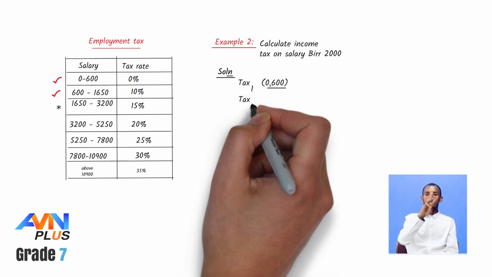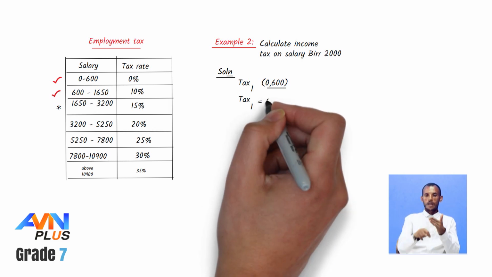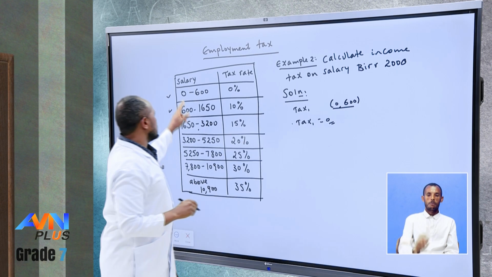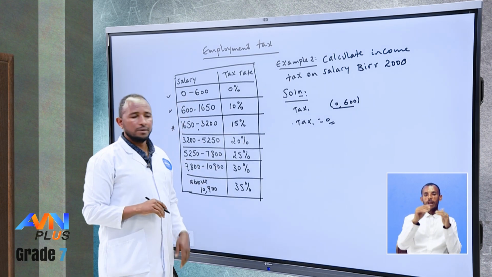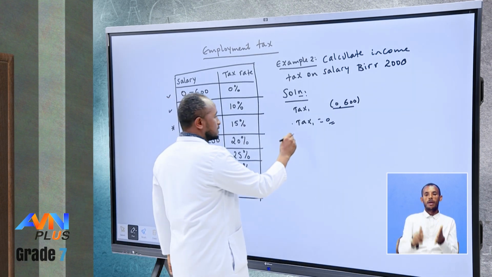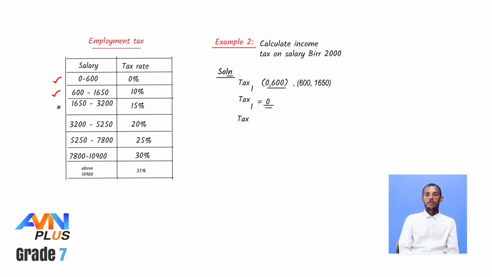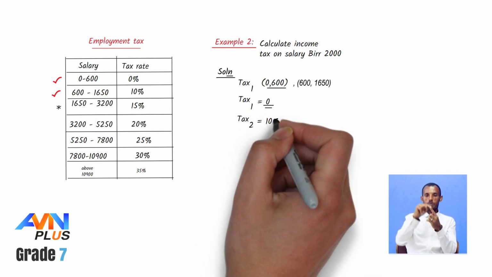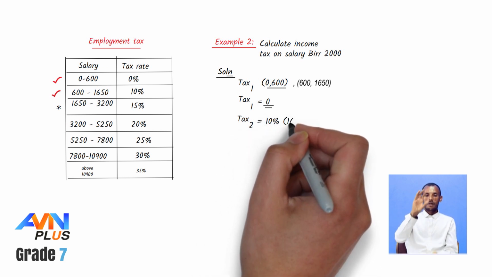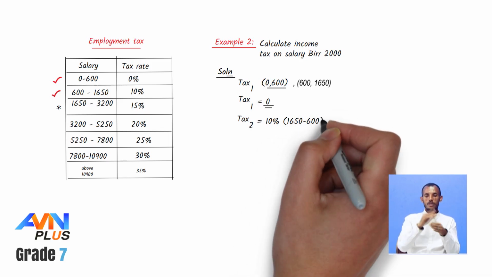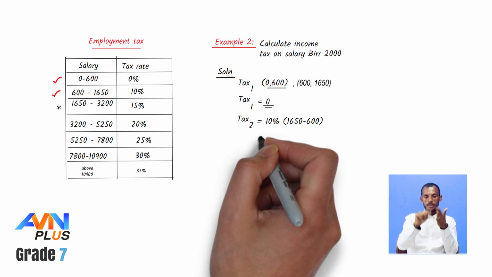For this interval, tax 1 will be 0. It's 0%, so for this interval of income, no tax will be paid. Next, the second interval is from 600 to 1,650.